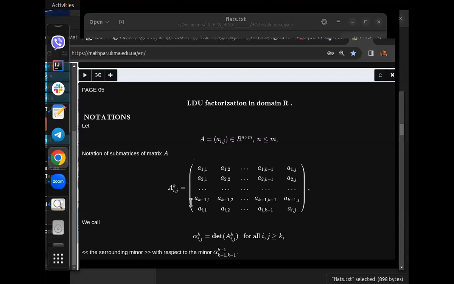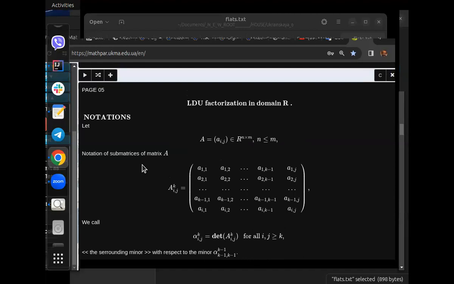This corner block is situated in the upper left corner. Its size is chi-1 by chi-1, and we surround it with one row number I and column number J. We say that this is a surrounded matrix, and the determinant of this matrix we call the surrounded minor: the minor that surrounds this corner chi-1 by the I row and J column.